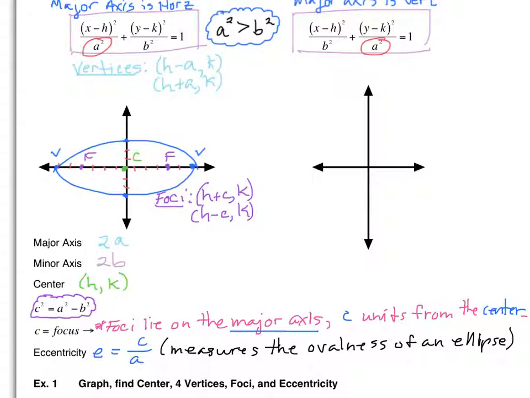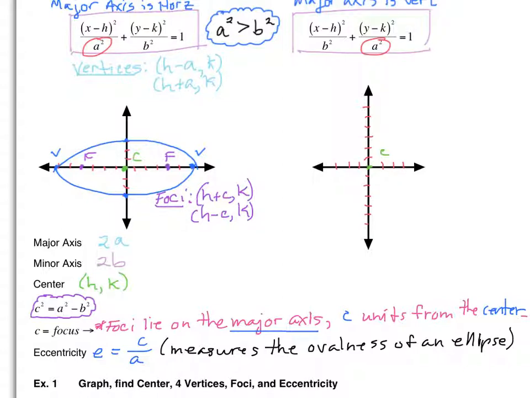All right, so let's go ahead and sketch when the major axis is vertical. So for this one, we're going to plot our center first. So your center, again, is at the origin. There's your center. And then we're going to go 6 up and 6 down and 3 to the right and 3 to the left.